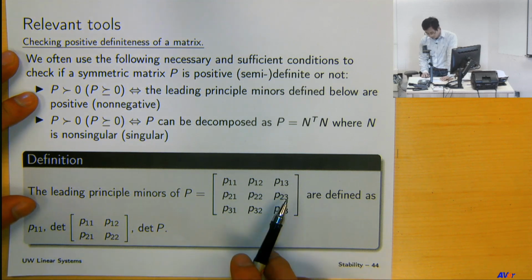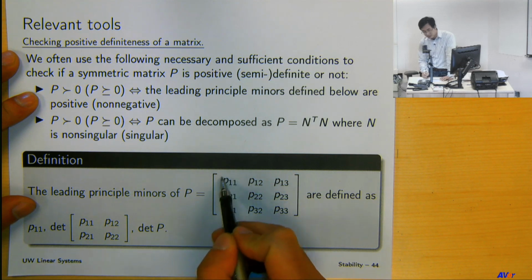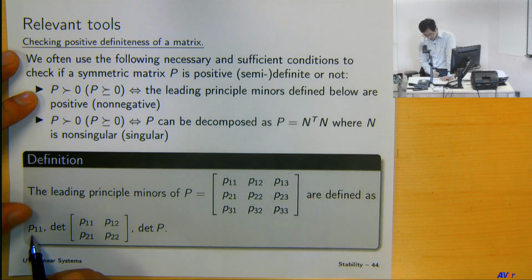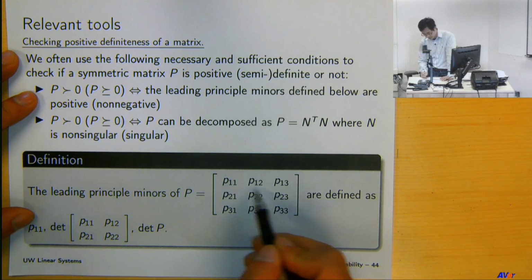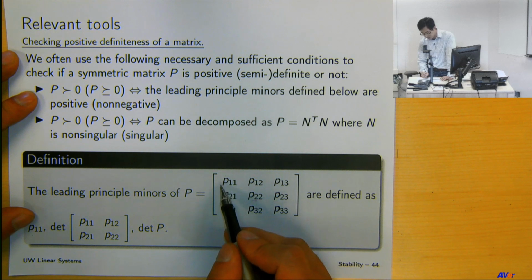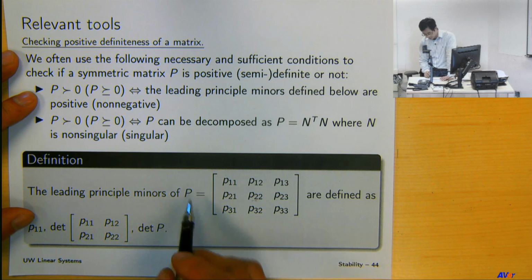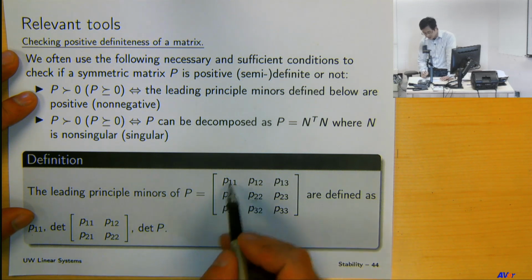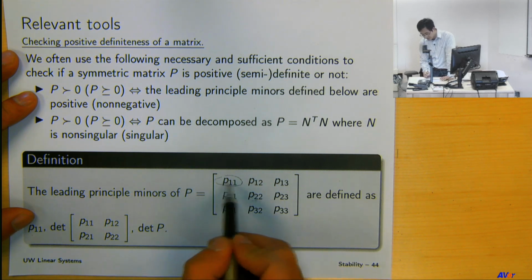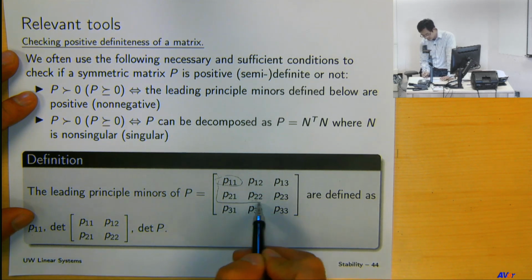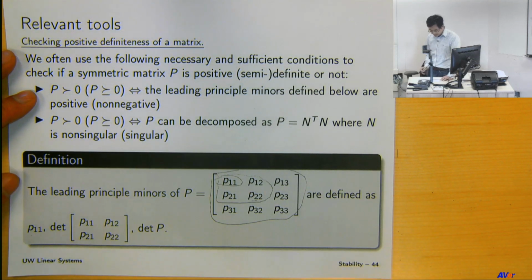Let's say a 3 by 3 case. We check 3 numbers. The first number is the 1, 1 entry. The second number is the determinant of the submatrix, the first 2 rows and first 2 columns. And the last number we need to check for this 3 by 3 matrix is the determinant of the whole matrix.